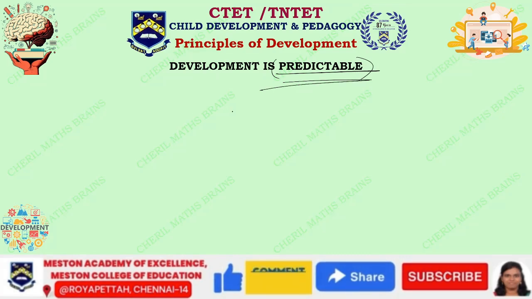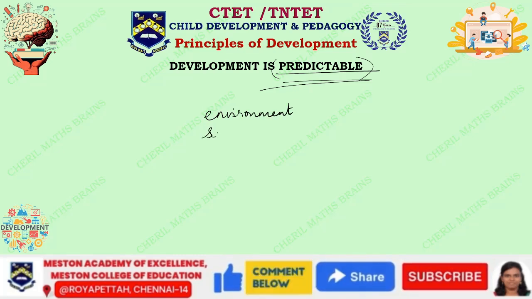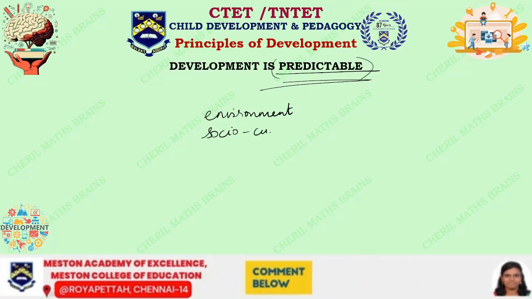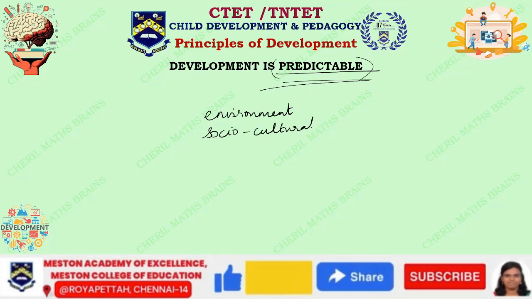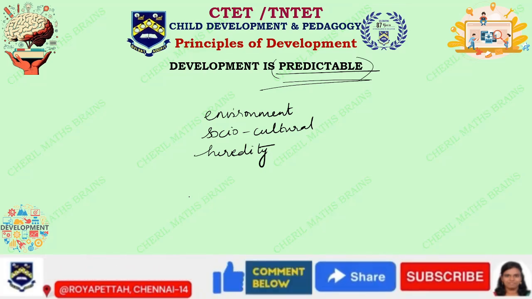So you can say that development is always predictable. It is based on environmental and socio-cultural factors, and on heredity, and on what the child experiences from family, peers, teachers, and so on.